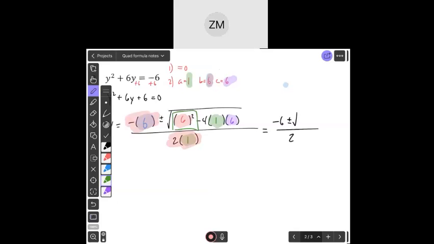You don't need a calculator to tell you what 6 squared is, 36. And then the multiplication here, right? Always watch your signs, watch your signs, watch your signs. There's 1 negative there. So minus, and then 4 times 1 times 6 is 24. So minus 24 there. Then I'm ready to close my radical.